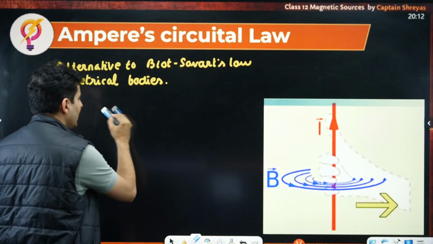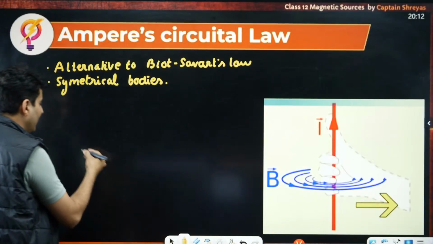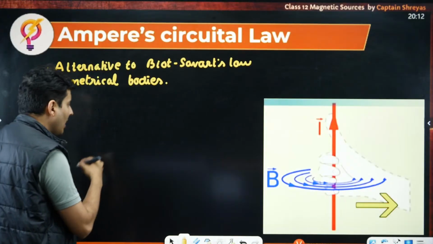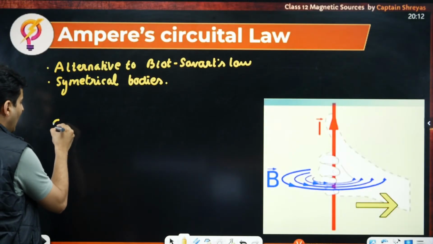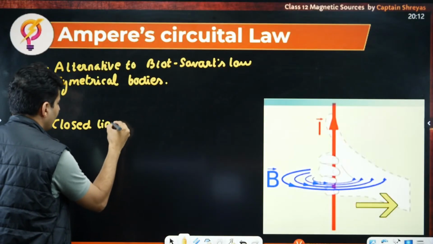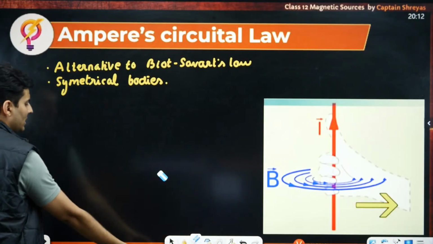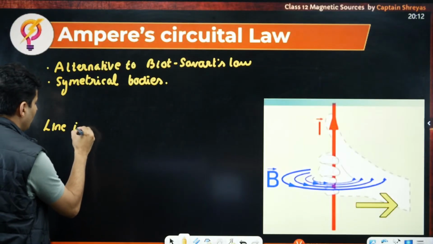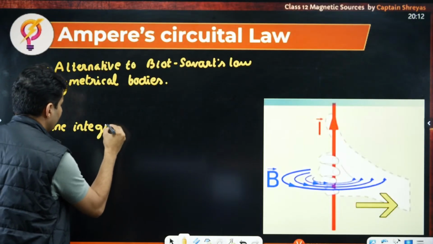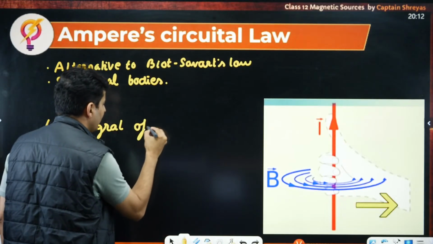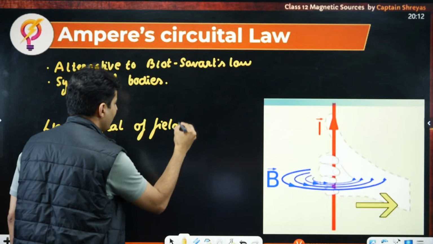Here we have the magnetic field and we do not find the integration with respect to the area, rather the length, and we have something called the closed line integral. But before talking about closed line integral, let's talk about the line integral of field, line integral of field.